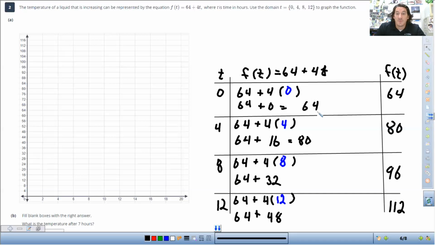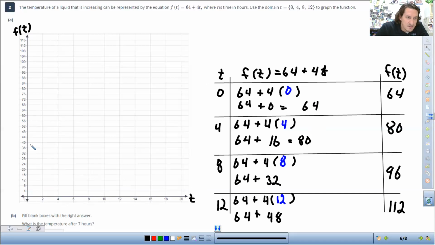All right, so now the t and the f of t, that's like our x and y, our input and output. On the graph, it isn't labeled right here, but this is your t and this is your f of t. So your domain is the horizontal, your range is the vertical. So 0, 64.